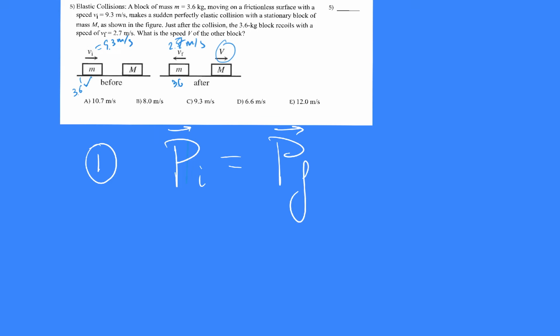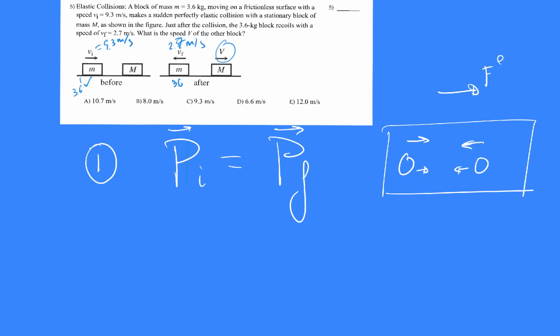But in the case that there are only two objects and they collide and there is no external force in any direction, only internal forces acting on them, the internal force does not produce a change in the momentum of the system. This is Newton's third law that we have studied.